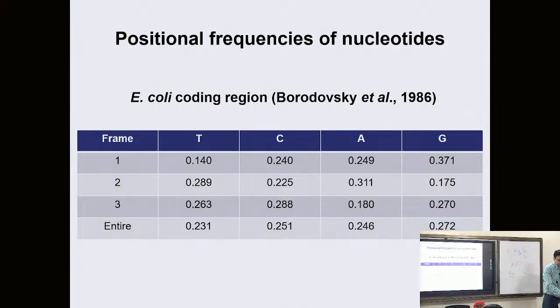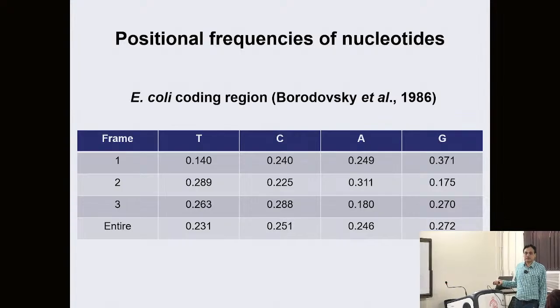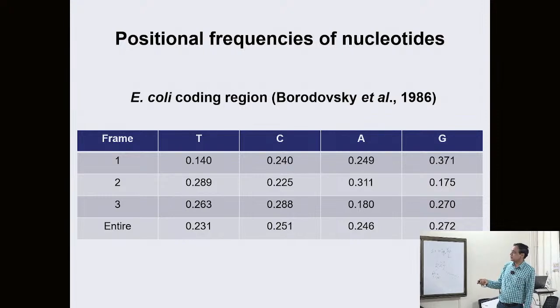So at position 1, there is an abundance of A or G, because of the abundance of R and Y codons in the coding sequences. Which is reflected here. The probability of A or G, add them up, is over 60% at position 1.